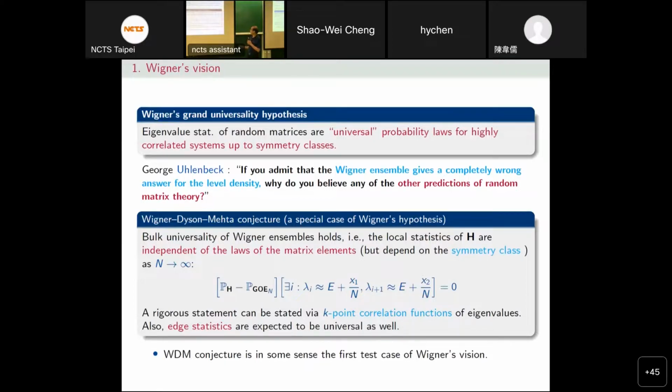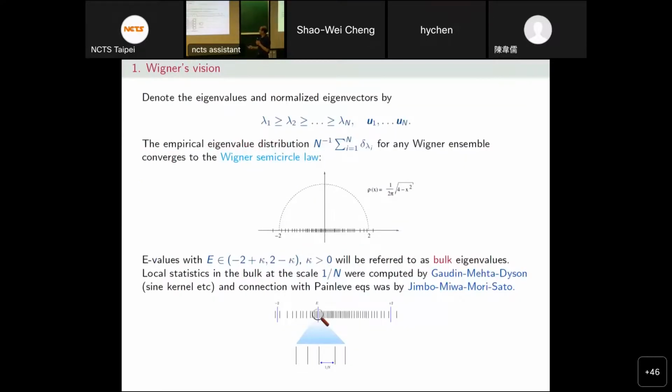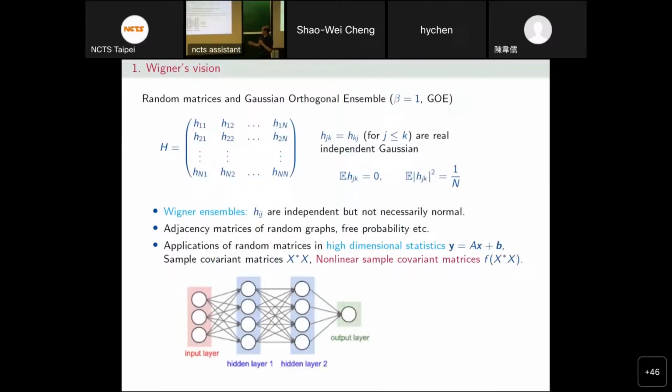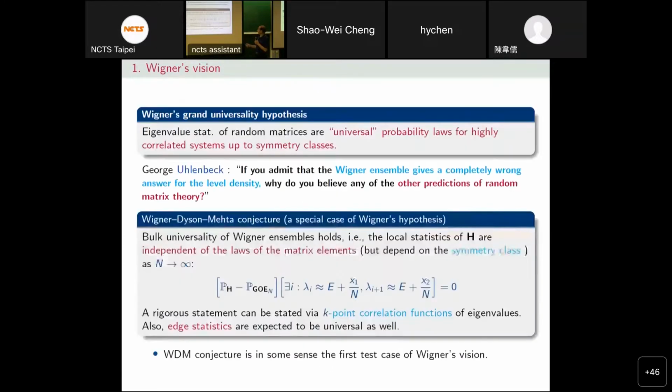For example, in the original matrix, the Gaussian case, this H_ij is Gaussian. If H_ij is not Gaussian, for example plus or minus 1, would the eigenvalue statistics be the same as Gaussian? This was a famous question for a long time, until about 10 or 15 years ago, depending on how you count.